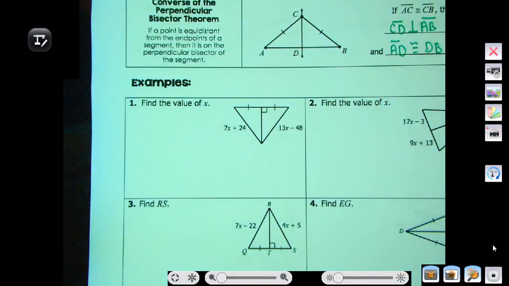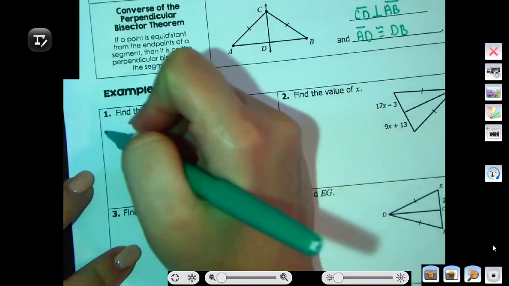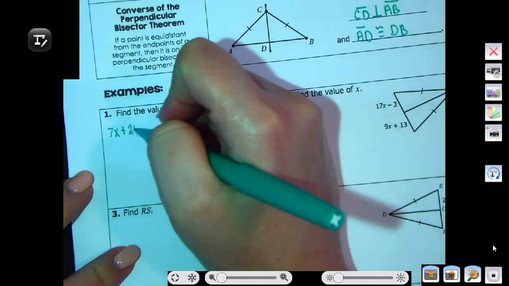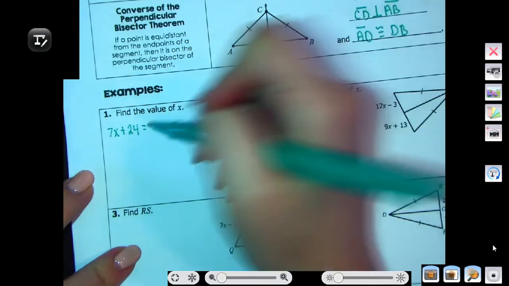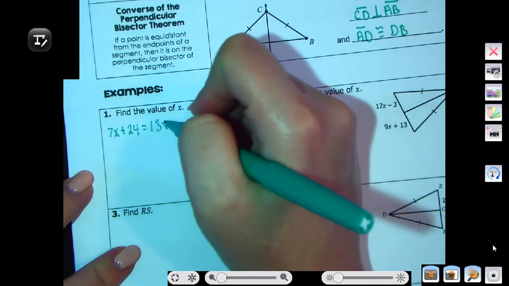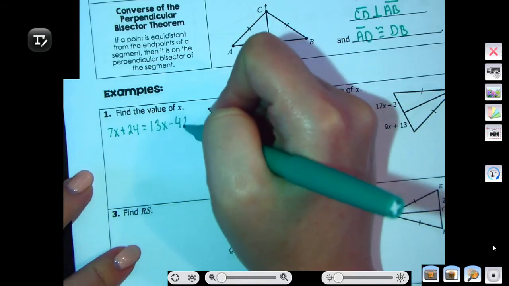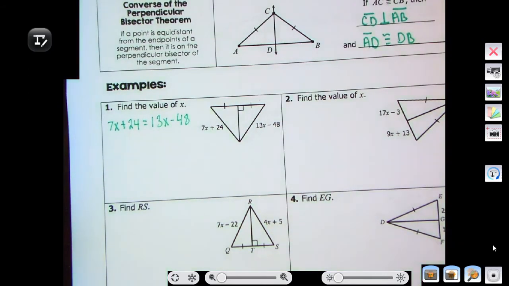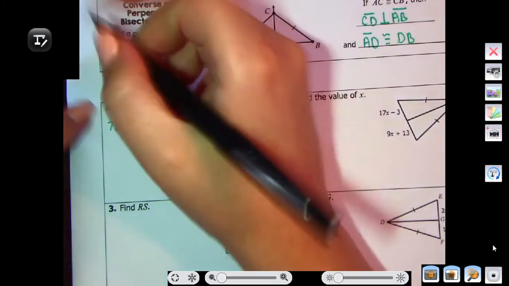So I am going to put here 7x plus 24 equals 13x minus 48. And then I'm just going to solve that equation. So this is really just some algebra that we've seen a million times at this point, and that we're just going to go ahead and solve.